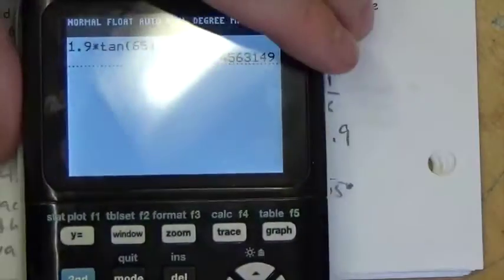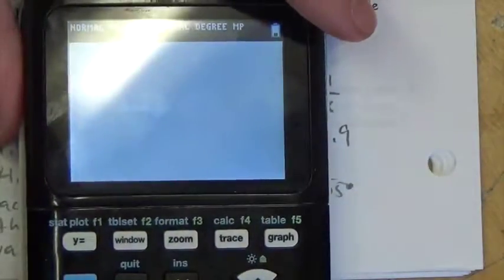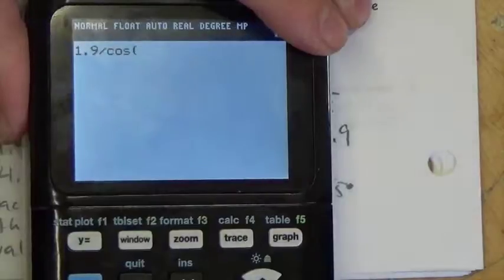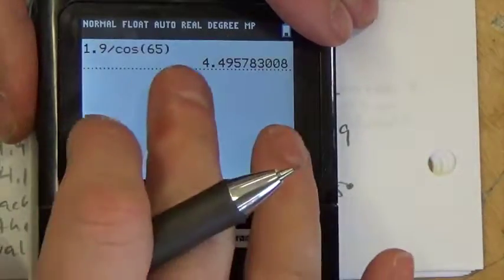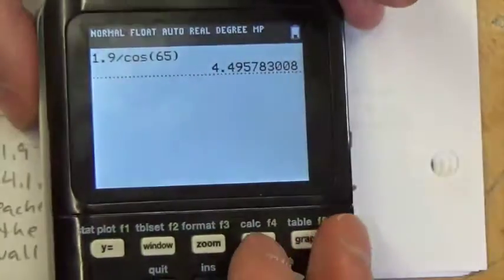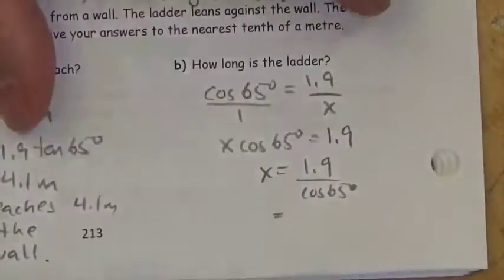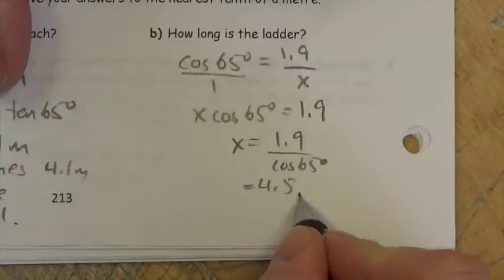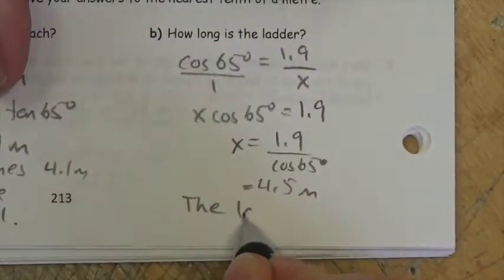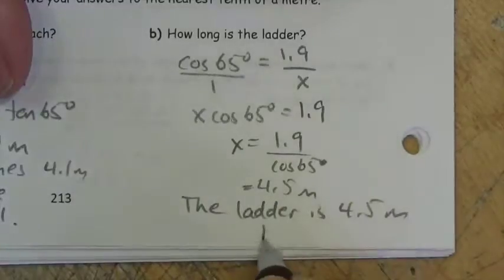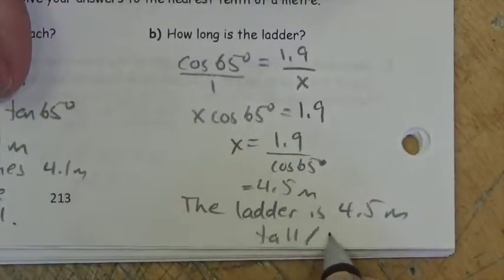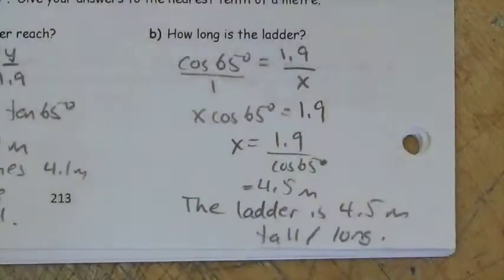Let's go to the calculator. So 1.9 divided by the cosine of 65, and we get, to the nearest tenth, 4.5 meters. So the ladder is 4.5 meters tall, or long, whatever.